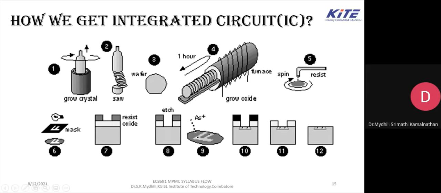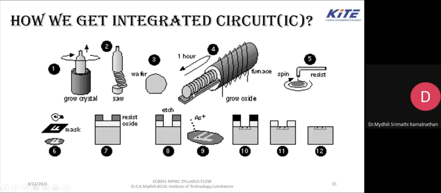Your mother used to slice the onion, slice potato in the cutter. Imagine a big potato which is sliced into lays chips. Likewise here also that ingot of silicon is sliced. And one slice of it is called a silicon wafer.